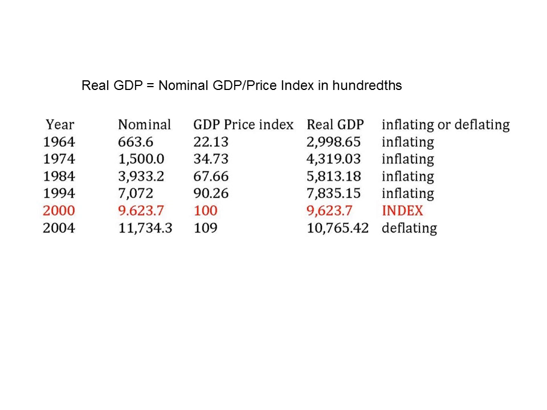If we take 663.6 and divide that by 0.2213, because remember, we have to move the decimal point 2 places to the left because the formula calls us to divide nominal GDP by the price index in hundredths, real GDP comes out to be $2,998.65 billion.